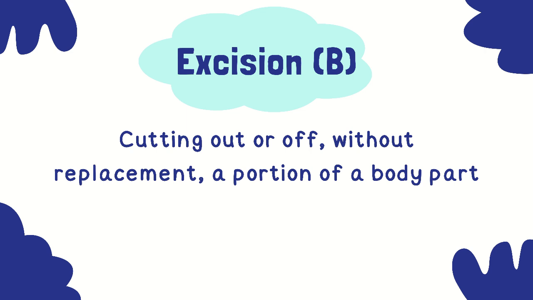In this particular case, you would use the qualifier of X, and X is only used for biopsies. The intent of the procedure has to be to remove a portion, a portion of the body part for purposes of analyzing the body part.